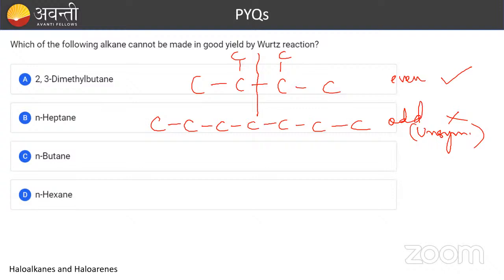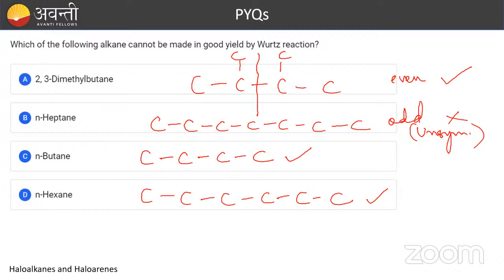So options C and D we can prepare because in option C we have butane, which has an even number of carbons, so it can be prepared. And hexane means there are 6 carbons. So it also has an even number of carbons and it is symmetrical with respect to this bond. So it is also prepared using the Wurtz reaction. So the only alkane which cannot be prepared is option B. So option B is the correct answer.